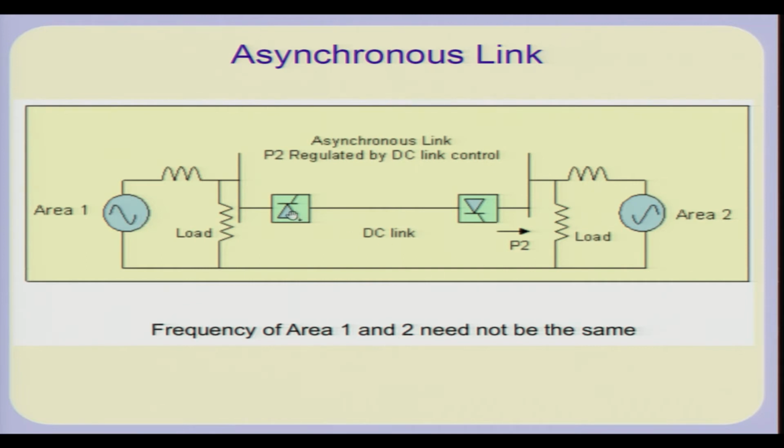Of course, the DC link should be used creatively in the sense that if one region does require some help, it should provide it. It can possibly provide it, provided this region is able to help. So, you can increase this power P2, but this is locally determined and P2 is regulated. So, this is effectively regulated. Now, frequency of area 1 and area 2 need not be the same and everything will be normal. What I mean to say is you can operate this way and operate happily in this way.